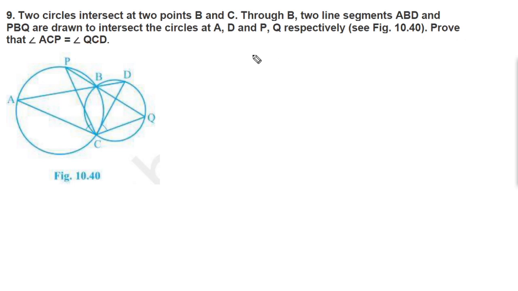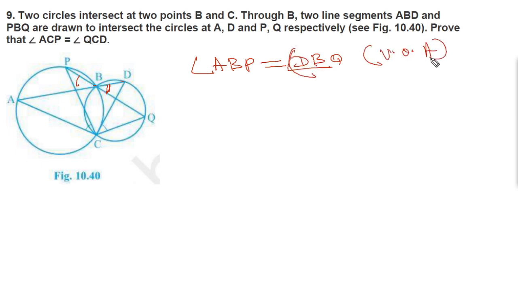Very simple. Look, we'll take two angles. Angle ABP is equal to angle DBQ. Reason is your vertically opposite angles.